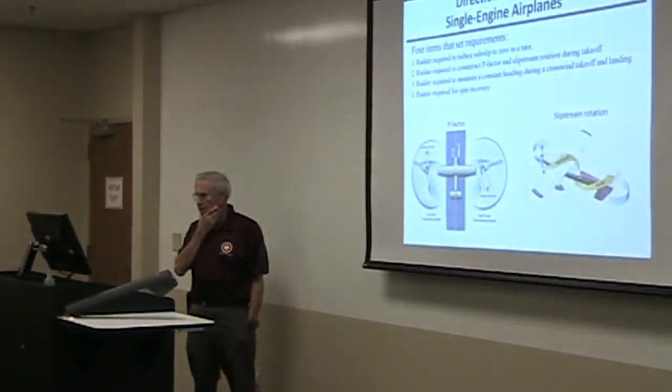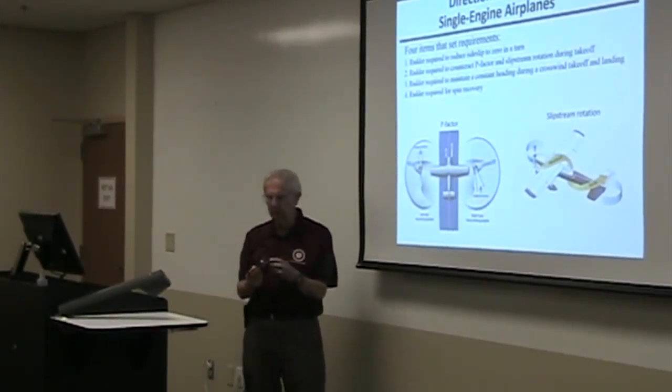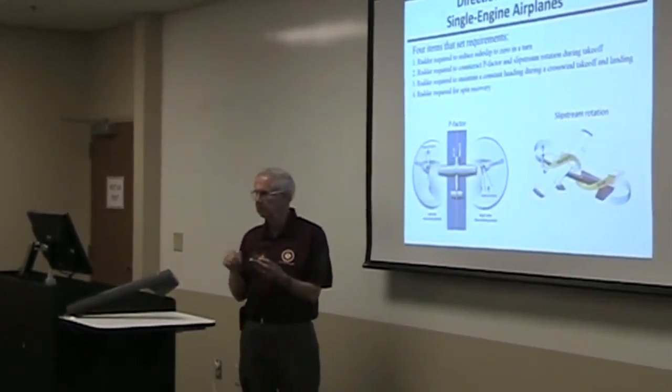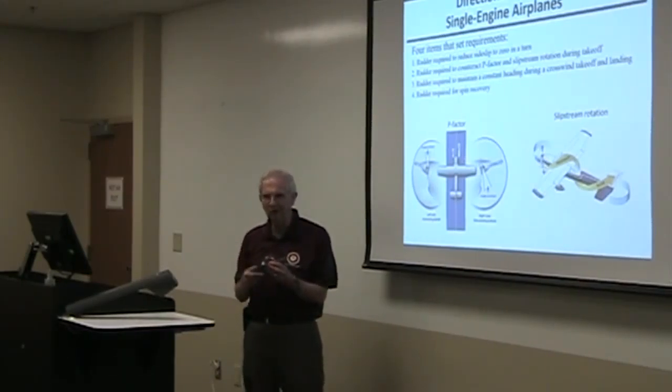Things that set the directional control requirement for single engine airplanes. Rudder required to reduce side slip to 0 in a turn. You know, if you just bank the airplane, you introduce some side slip. For those of you who are pilots, you know that the ball will probably go out one direction or the other, right? If you don't coordinate it with a bit of rudder.